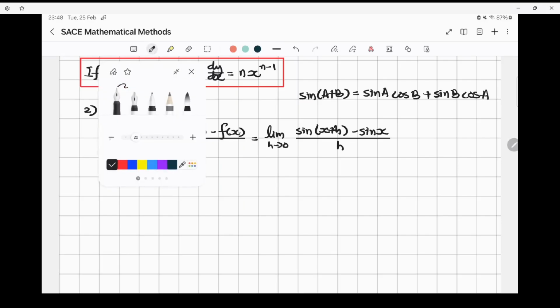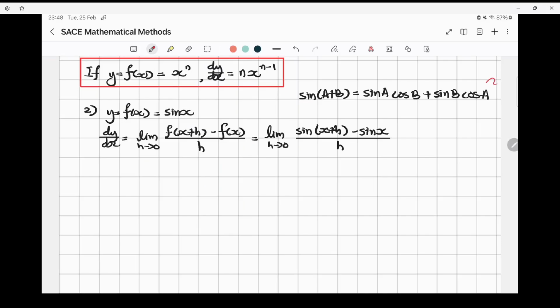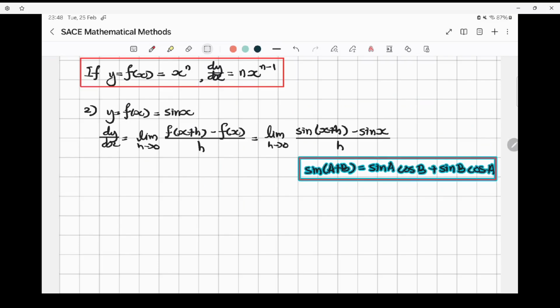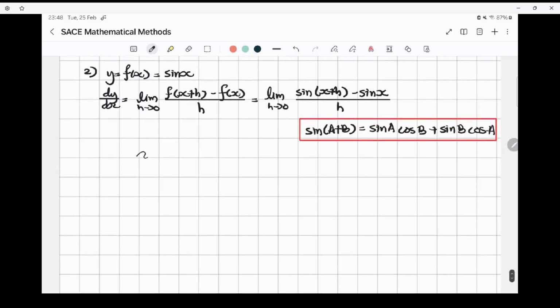So we are going to use this identity to derive the derivative of sine. Alright, let's continue. Over here you have the limit as h approaches 0.